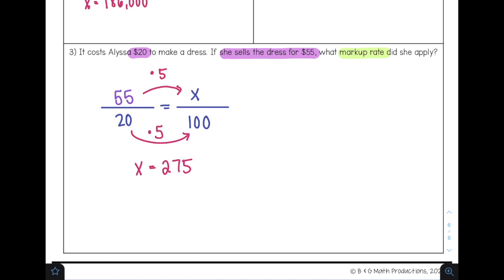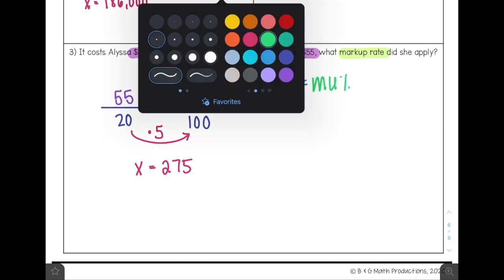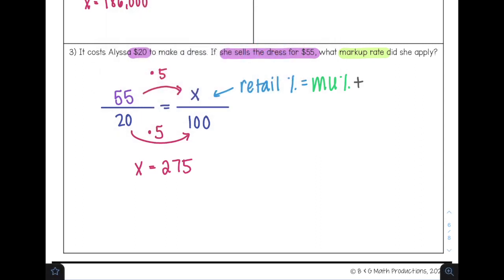Now, think about this for a second. Your retail price is here. So go back to the beginning. This is your retail. Your retail percent is made of your markup percent, which we need, and you're going to add 100%. So if you think about it, I have my 275. I don't know my markup percent, and I have my 100.